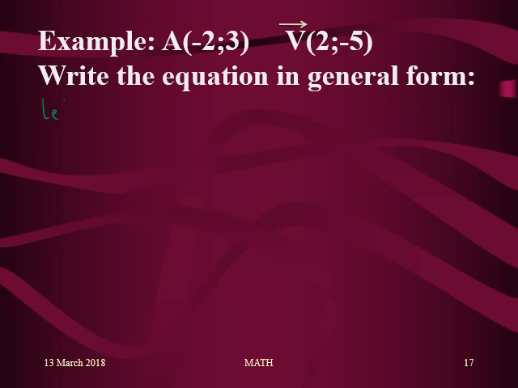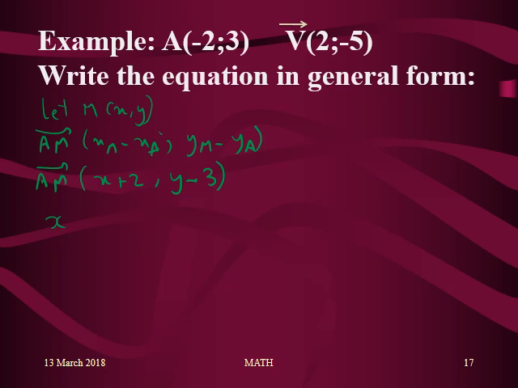First, let M(x, y) be any point in the plane. Vector AM has coordinates xM minus xA, yM minus yA. So vector AM has coordinates x plus 2, y minus 3.